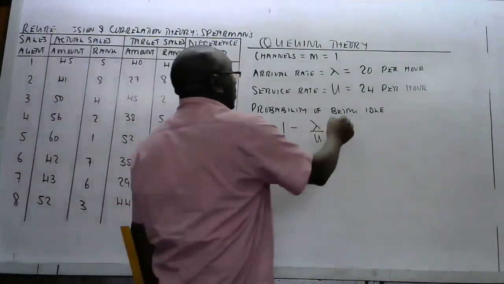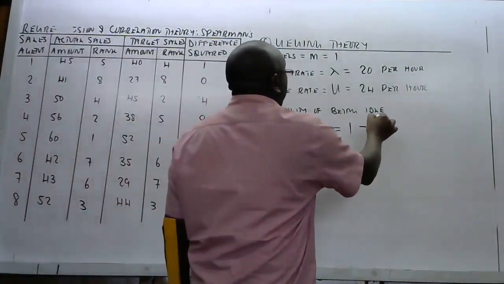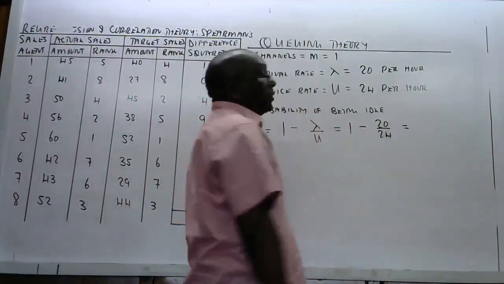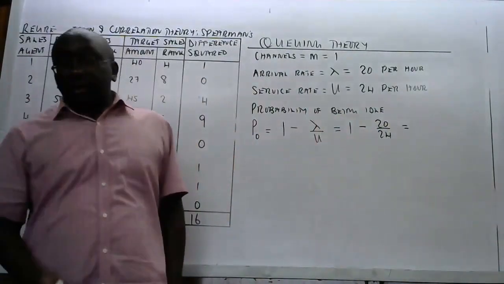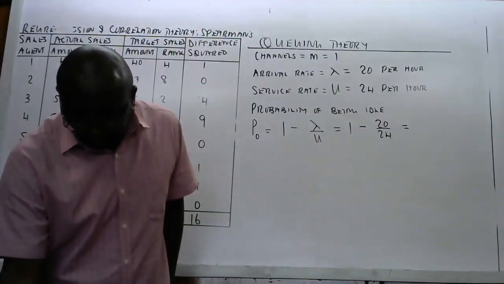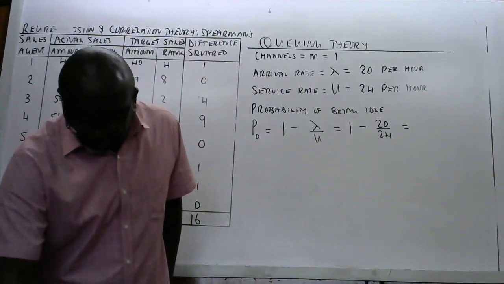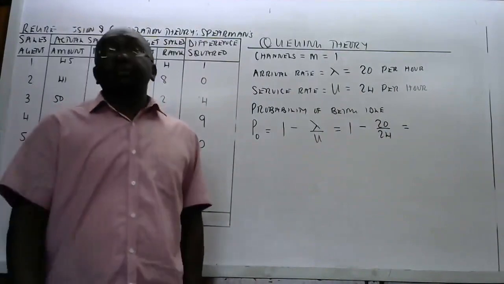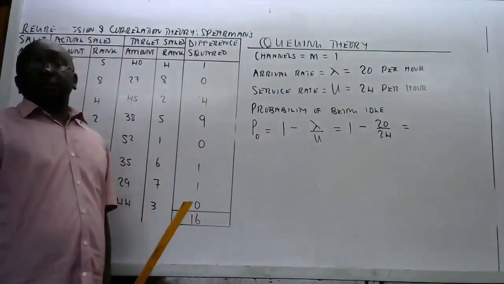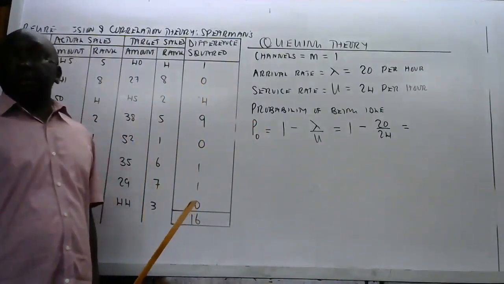So this then will be 1 minus 20 out of 24. You have 0.17.